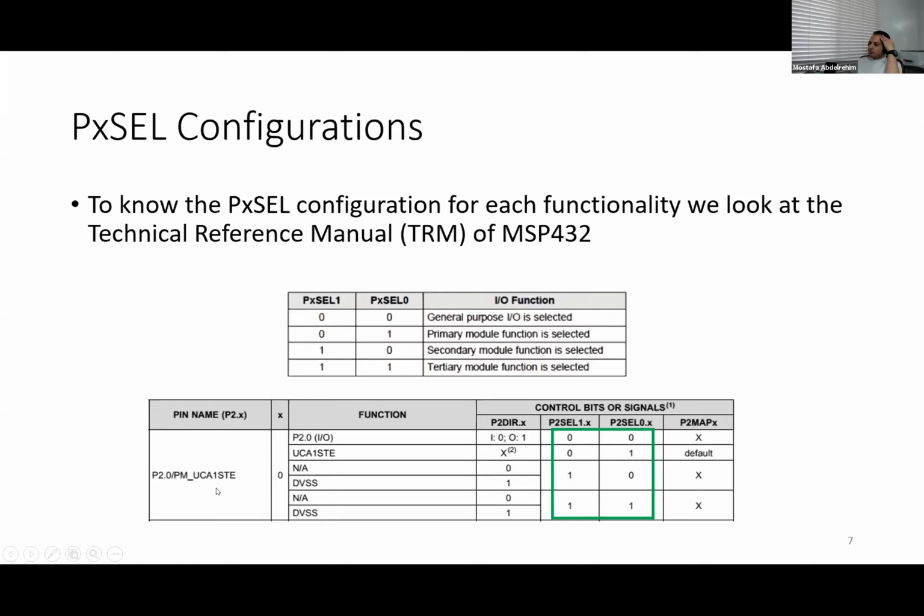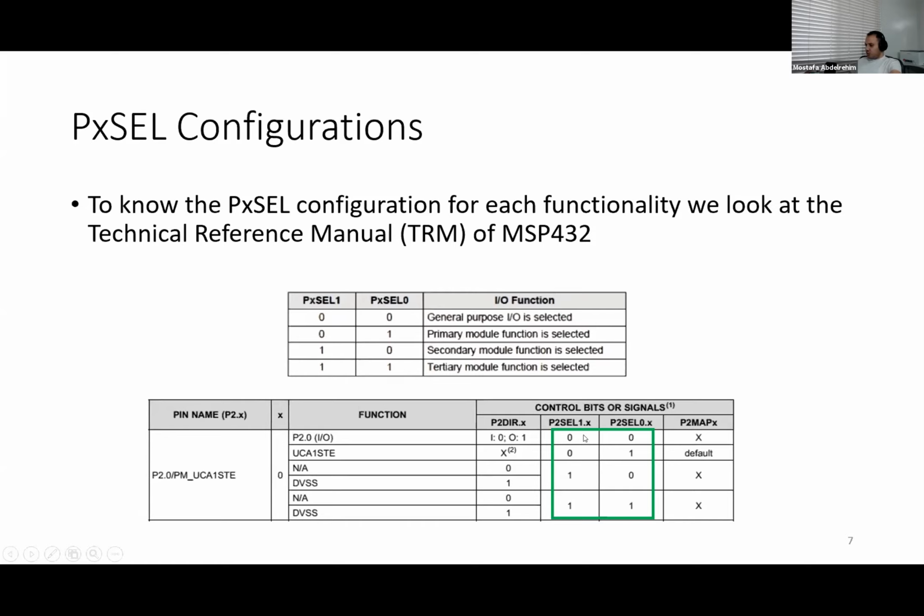For example, for port 2.0, this means the first bit in port 2. This first bit can serve with 4 functions, whatever these functions are.